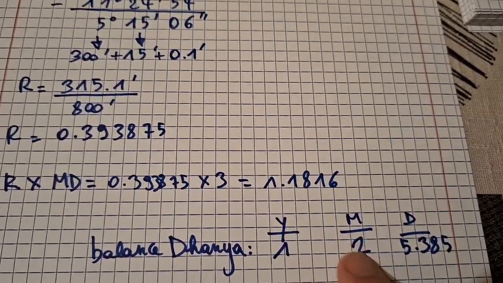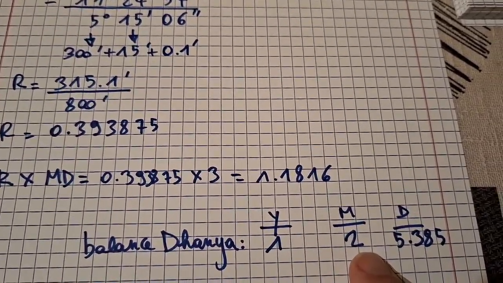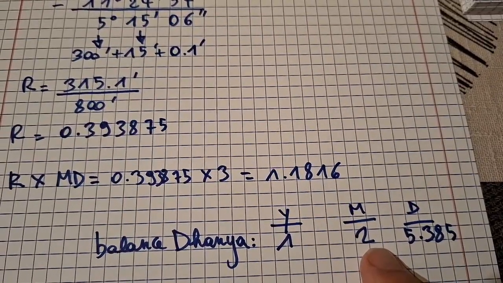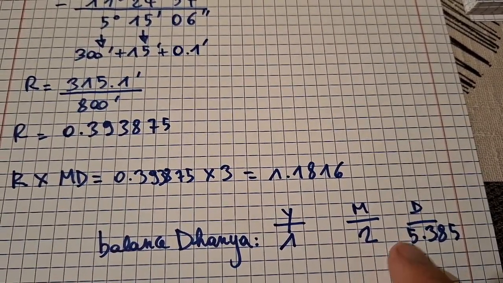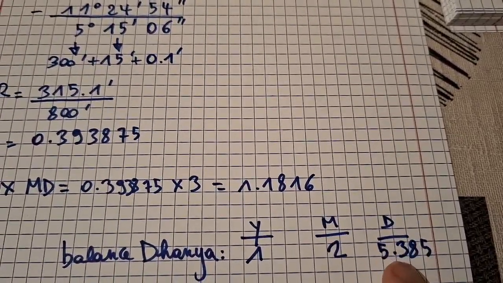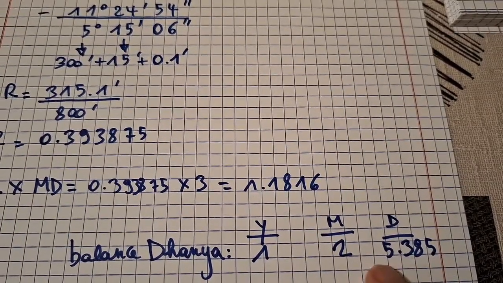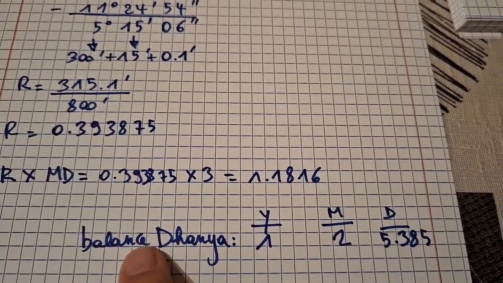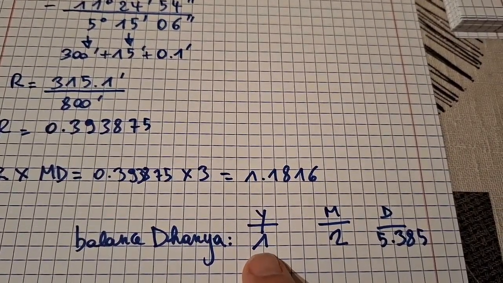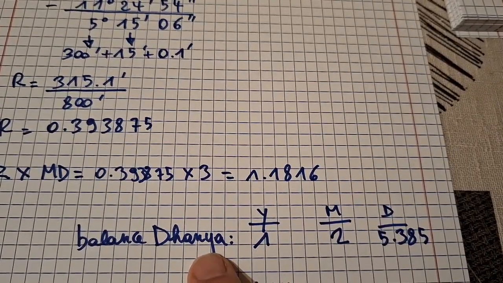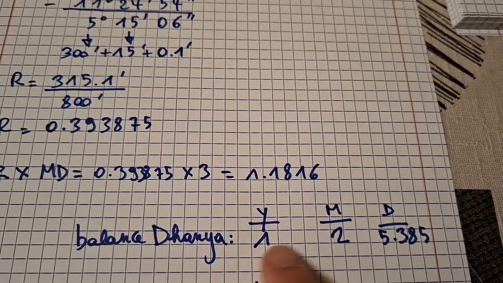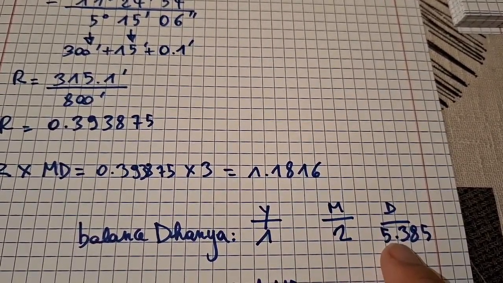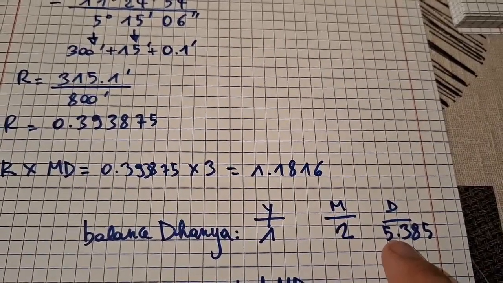Then from that result, we take again only the decimals, and now we multiply it by 30 to get the balance of the days. So in total, the Mahadasha balance of Danya is 1 year, 2 months, and 5 point something days.